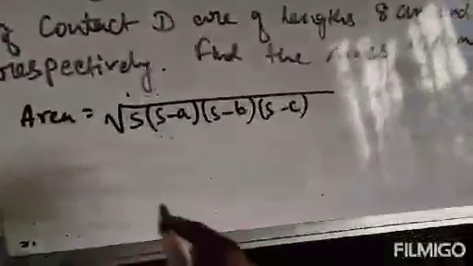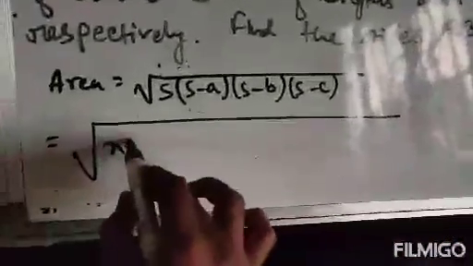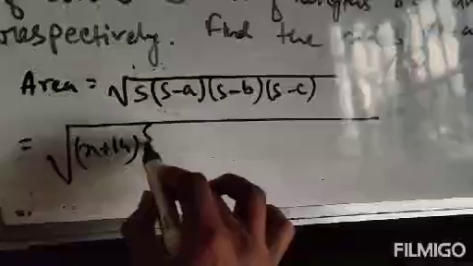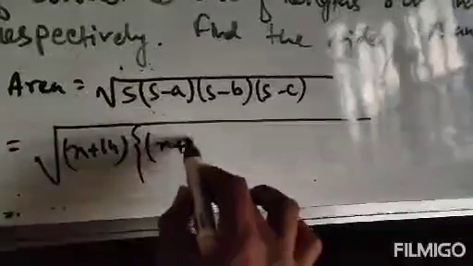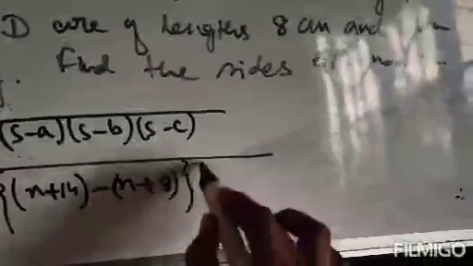So S minus A, S minus B, S minus C. Now the semi perimeter is given as x plus 14. Next, S is x plus 14 and A is one of the sides, which is x plus 8. So write x plus 8. Clear?